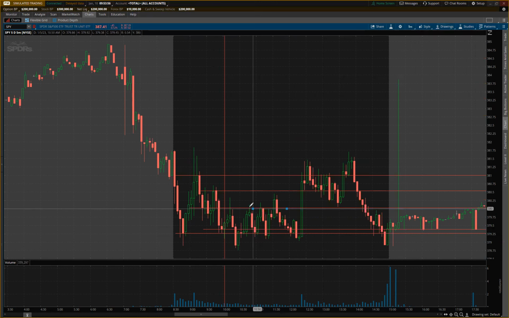So we're on the 5-minute chart. The 5-minute chart is where you're going to draw your supply and demand zones. And the 1-minute chart is what you're actually going to use when you're trying to make a physical trade.